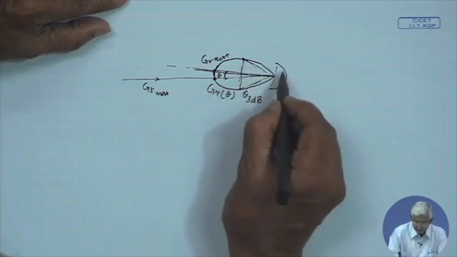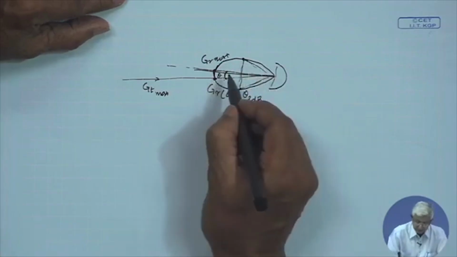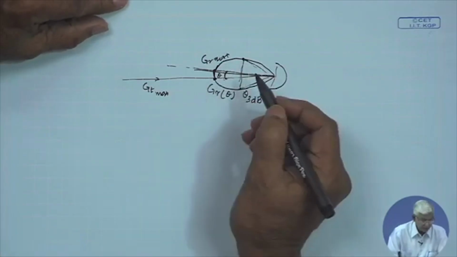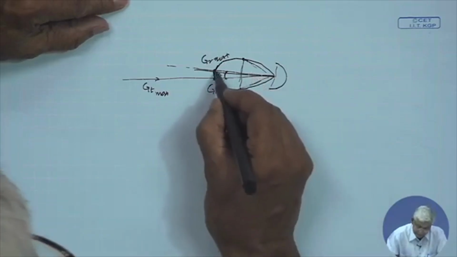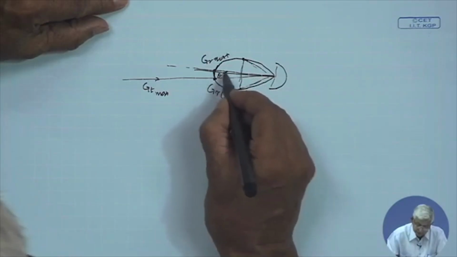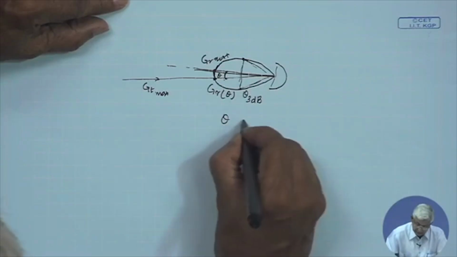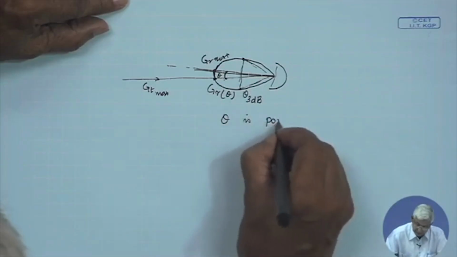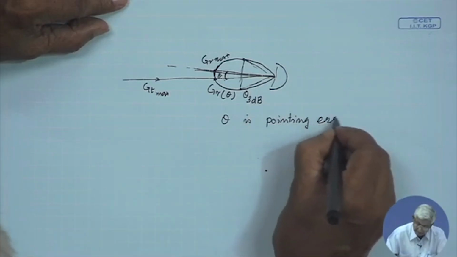Now, normally this parabolic antenna has a typical pattern near the maximum, so that can be modeled, and the error from the maximum by theta is the pointing error in this case.